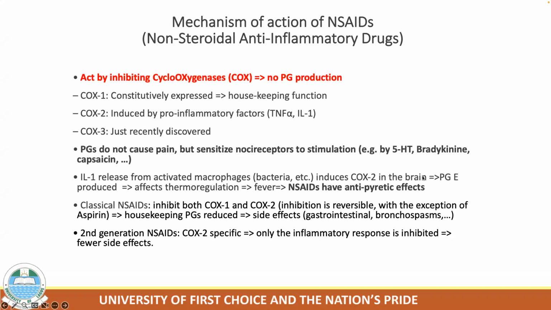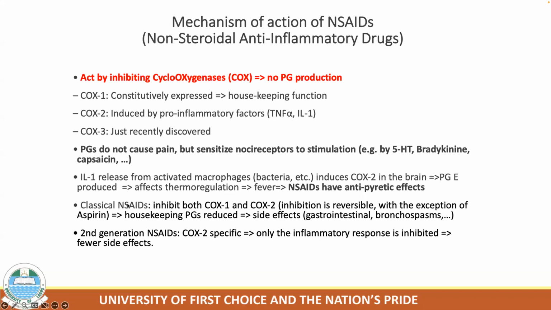It induces COX-2 in the brain, leading to prostaglandin E production, which affects thermoregulation, leading to fever. And this is why when NSAIDs inhibit COX-2, they have antipyretic or anti-fever effects.